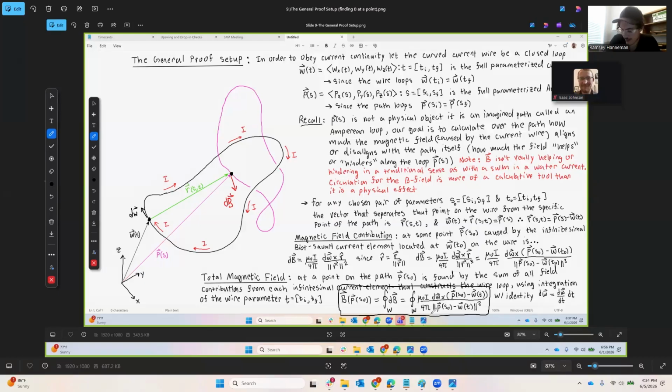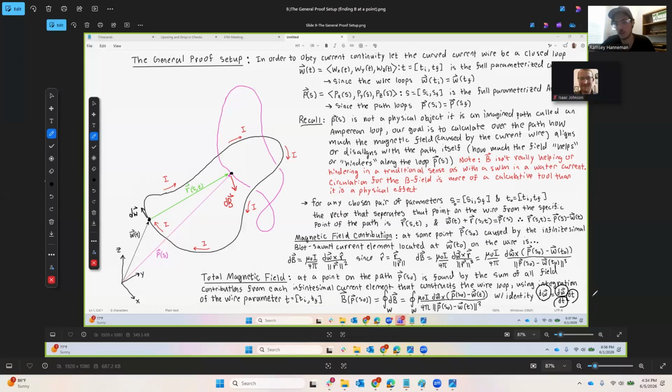Now, I'm really hoping to write like a Python or MATLAB code for this because I think it would be pretty cool. But if you really wanted to go all in with the parameterization, you can write dw, the vector, using the chain rule as dw vector over dt times dt.